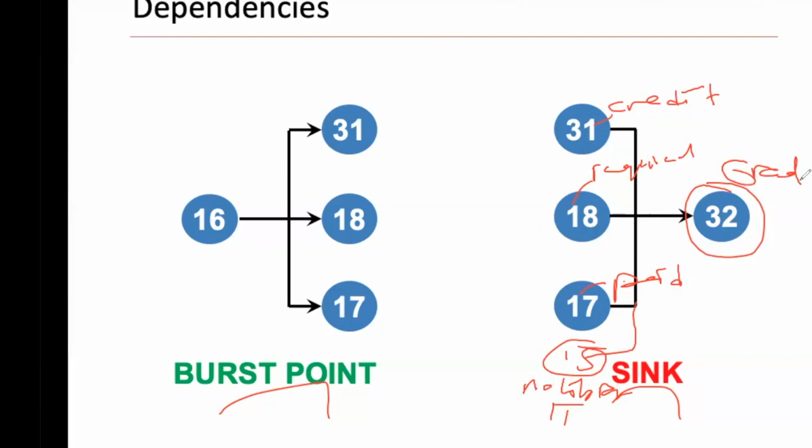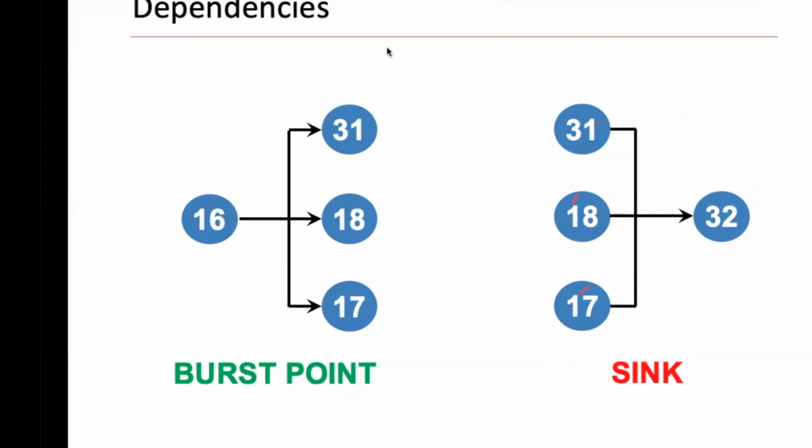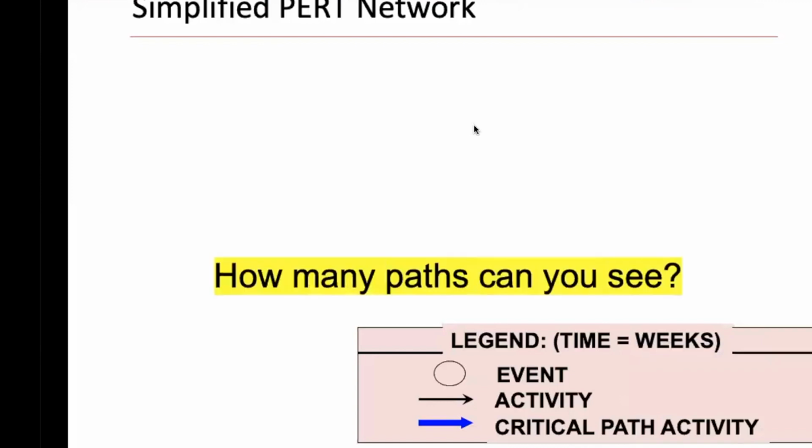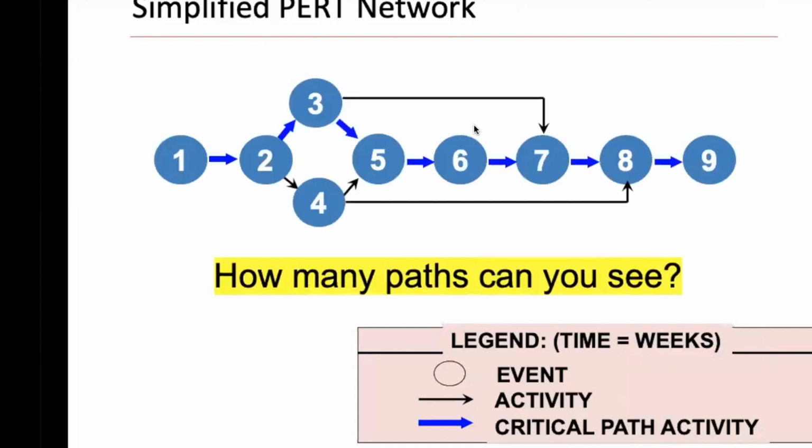So sometimes we have burst points, sometimes we have sync points. And then you have these long and complex things that you create. So we're transitioning from the WBS to this.